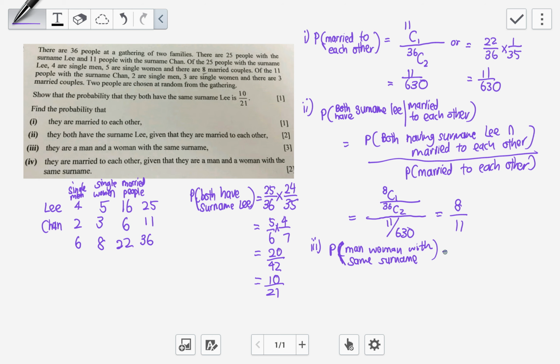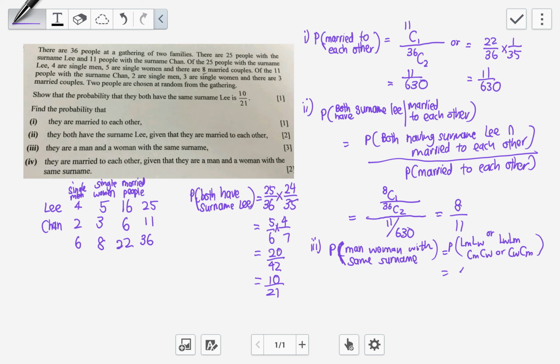It could be the case where it is Lee man and Lee woman, or Lee woman and Lee man, or Chan man and Chan woman, or Chan woman and Chan man. These 4 possibilities.